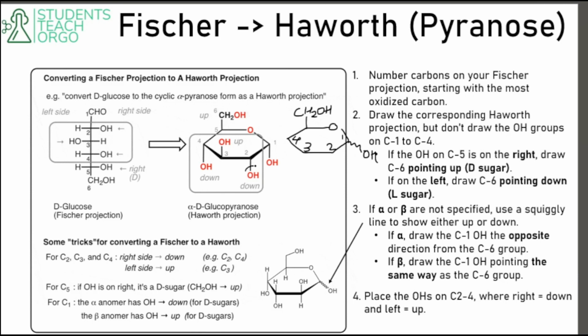So at 2, we're going to put it down because in the Fisher projection it is to the right. So right is down, left is up. 3 is up. So if I were to draw this alongside with you, this would be OH going down, it would be going up, and this would also be going down. It's not mandatory to draw the hydrogens. Not always necessary. All right, and that's pretty much it. So if I wanted to draw beta here, I would draw this hydroxyl pointing up. If I would draw alpha, it would be pointing down at this anomeric carbon number 1. So hopefully that makes sense.